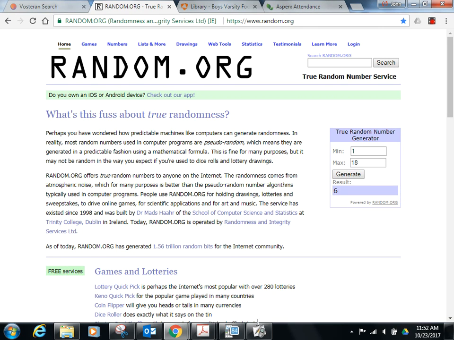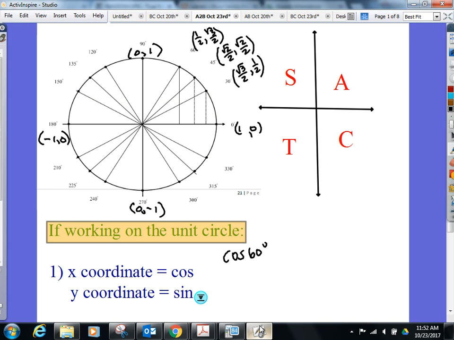Who's got number 6? Okay, Patrick. Cosine of 60. You see the coordinate at 60, right? If I'm going to find cosine, which coordinate do I pluck off? Cosine is equal to the x-coordinate. The x-coordinate at 60 is 1/2.